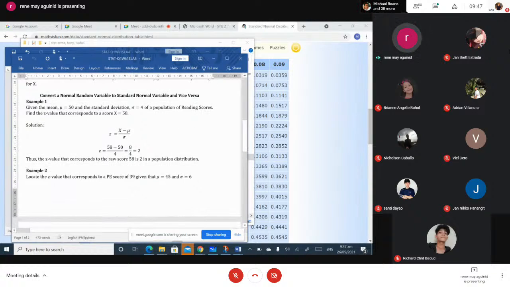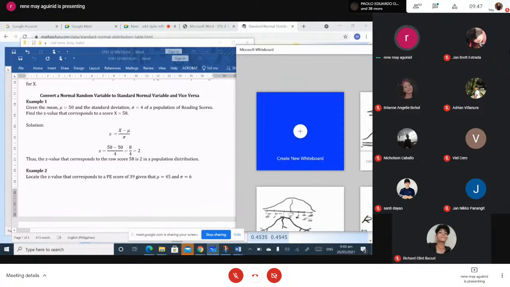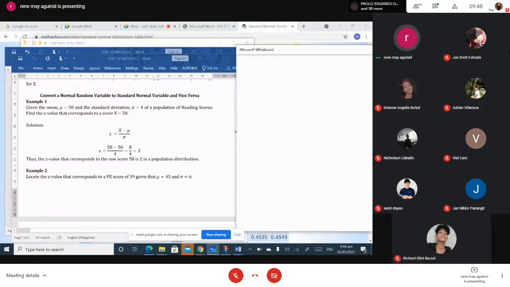So equivalent niya sa z value sa normal curve is 2. So ato ning i-plot. Okay, so, kani siya itong normal curve.